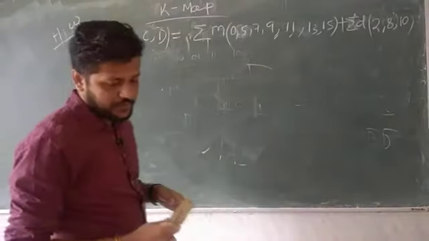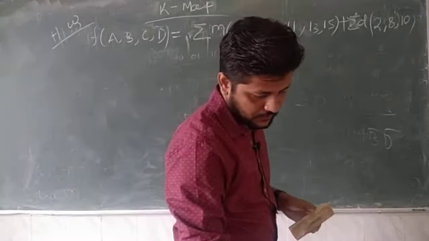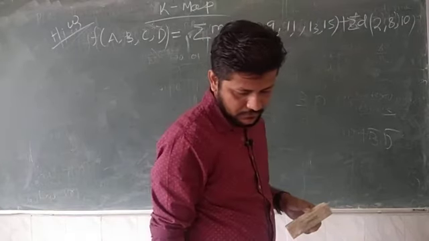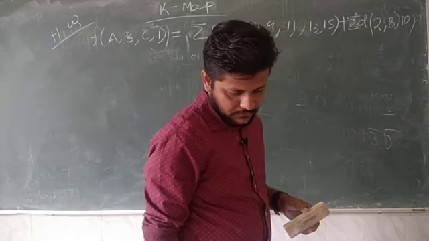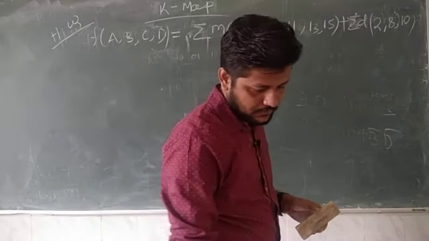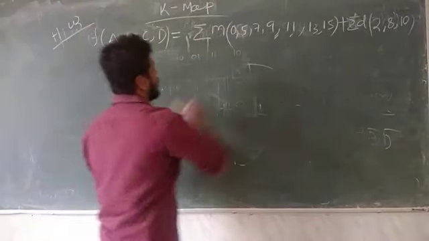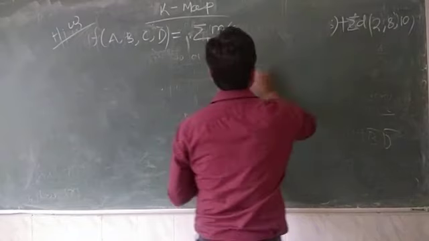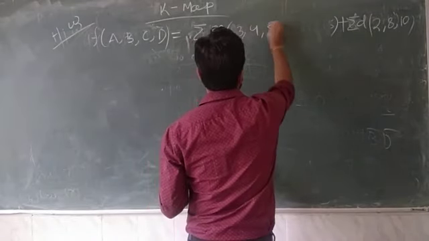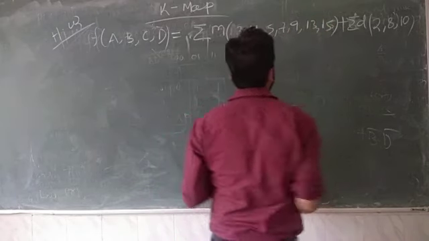And a homework question for you. The question is F(A, B, C, D) is equal to sum of minterms 3, 4, 5, 7, 9, 13 and 15.